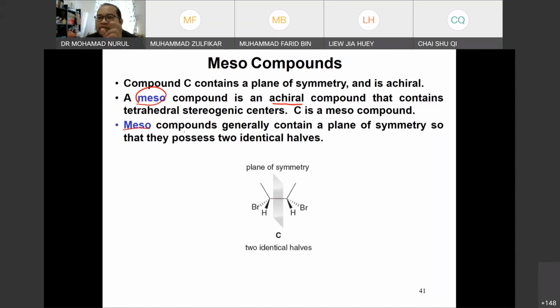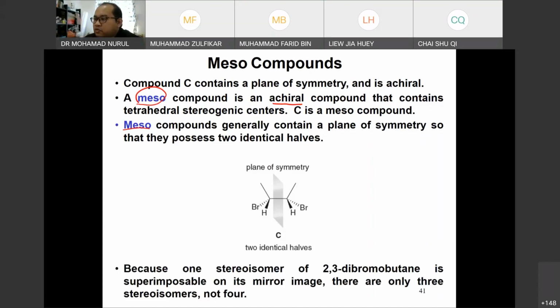That's why, as I said before, draw all the possible stereoisomers, and after that you have to determine which ones are enantiomers and which ones are diastereomers. Because one stereoisomer of 2,3-dibromobutane is superimposable on its mirror image, there are only 3. Previously we know there is 2 to the power of n, right?